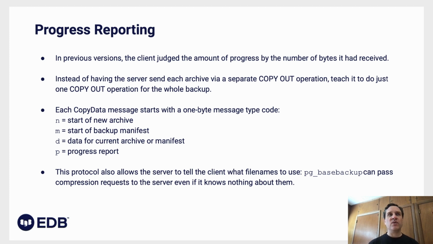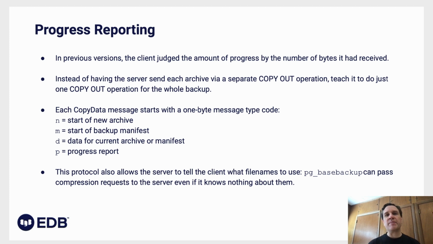And basically, what I did is change things around so that now the server sends indications to the client of how much progress it thinks it has made. So now the client doesn't count the bytes it received anymore. Instead, it just pays attention to the progress messages from the server, and then it can display that progress information to the user if desired.